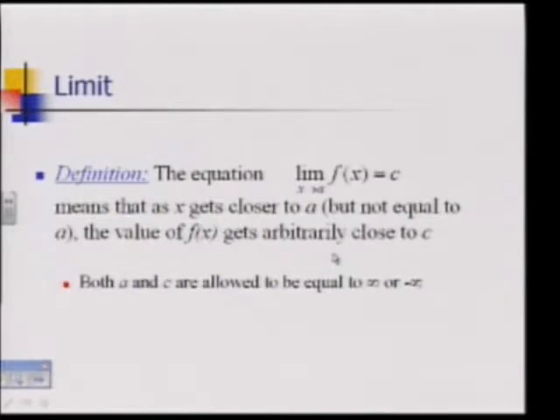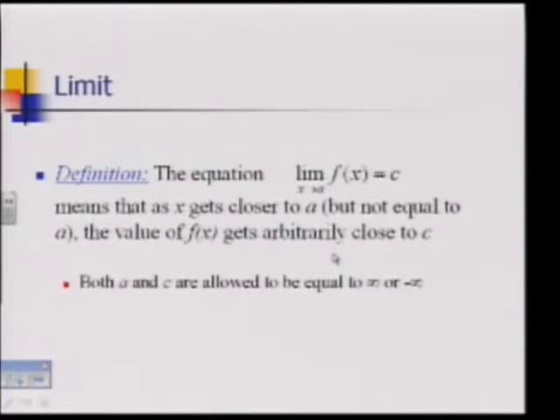What I'm trying to say is that in order to really understand the limit, you have to think about a sequence of numbers approaching that value. For instance, if I want a equals 1, then maybe I say 0.9, 0.99, 0.999. I have some sequence eventually approaching that value, and then what's the limit? That's the basic concept.